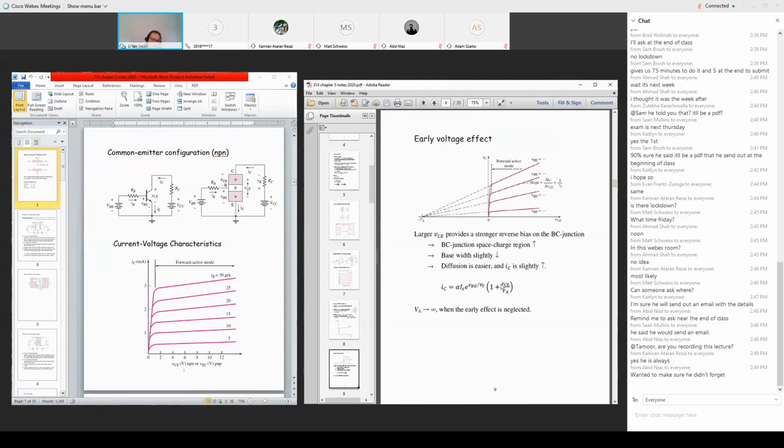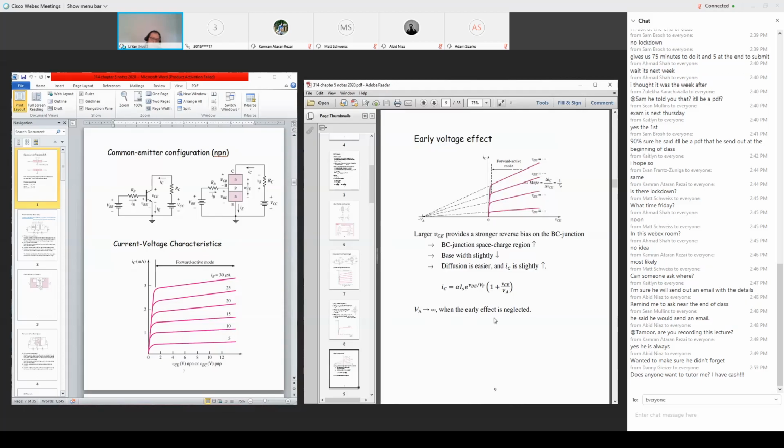There's a second term inside the parenthesis, VCE over VA. That's a linear term. If VCE is 0, then there's no correction. If VA is infinity, then the second term is 0 and doesn't contribute.